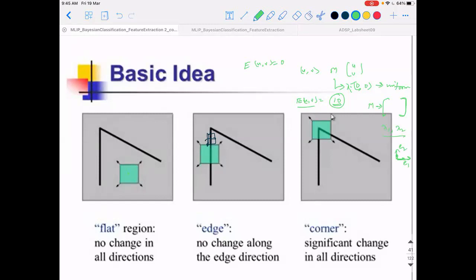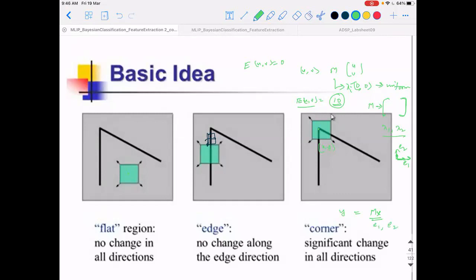So moving in this way, I am trying to relate it to applying the matrix operation M into X. If you are at a position X comma Y, moving in any direction, I am relating it to the matrix operation of M into X. I am not finding out M into X in all directions, I am essentially finding out M into X in directions E1 and E2.